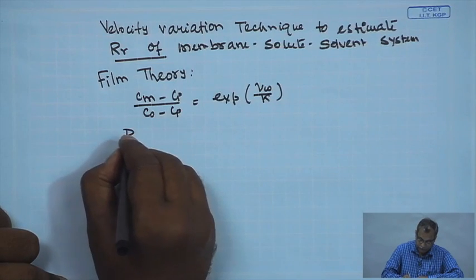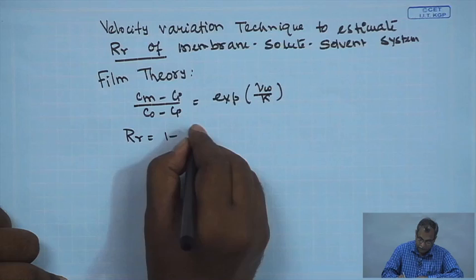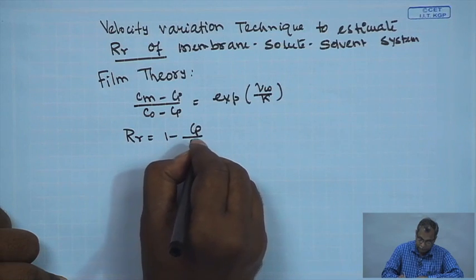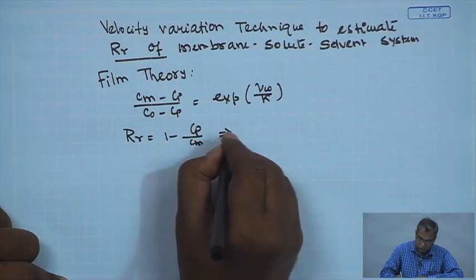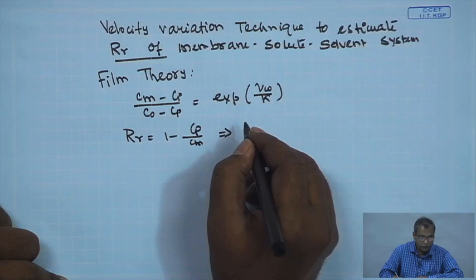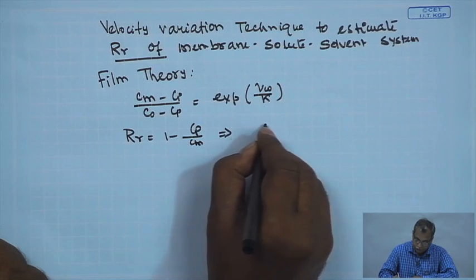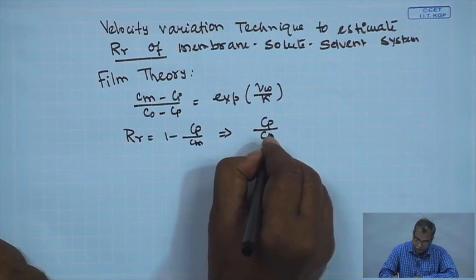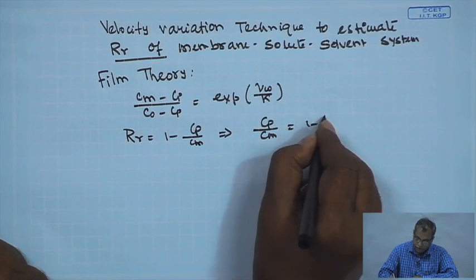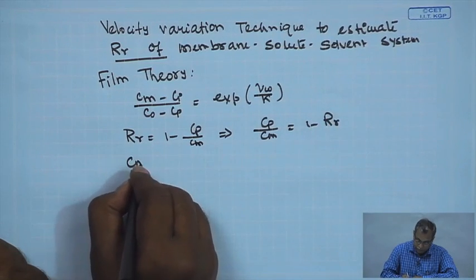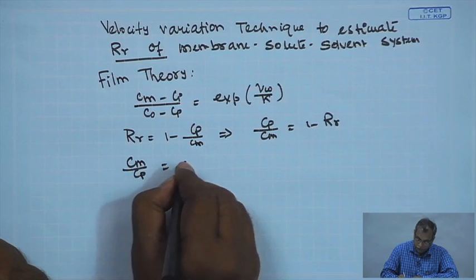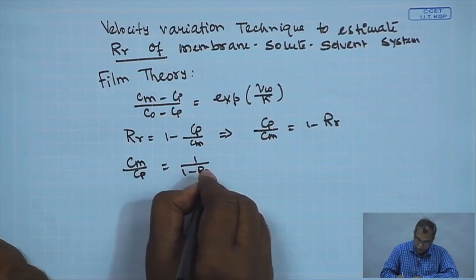Next, we will write the definition of real retention and observed retention. So, real retention is 1 minus Cp by Cm. So, Cp by Cm will be 1 minus Rr, Cm by Cp will be 1 over 1 minus Rr.